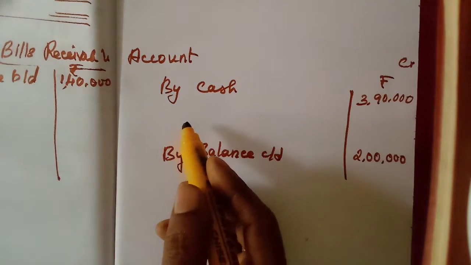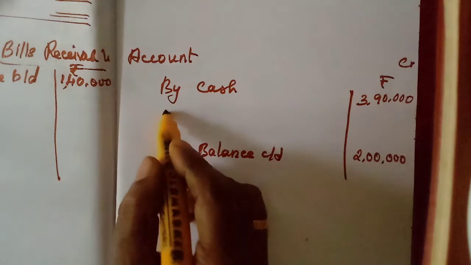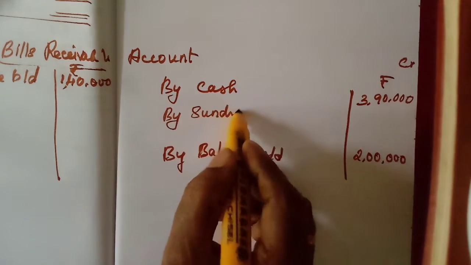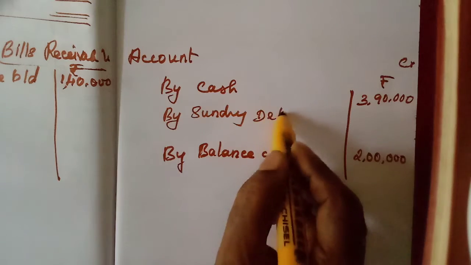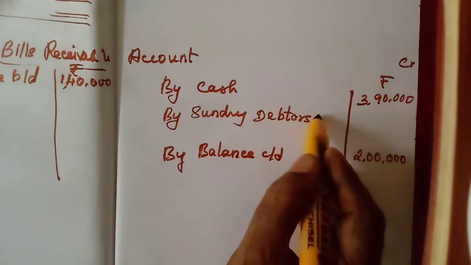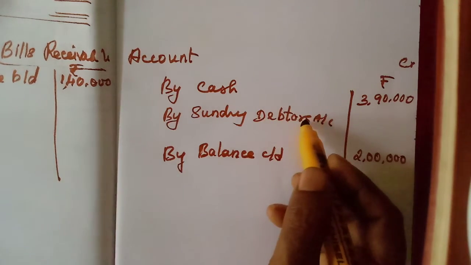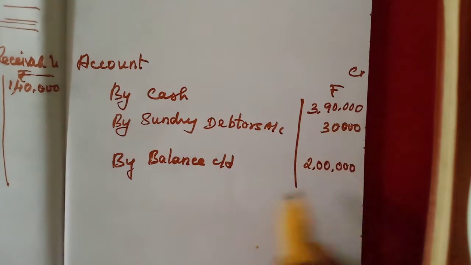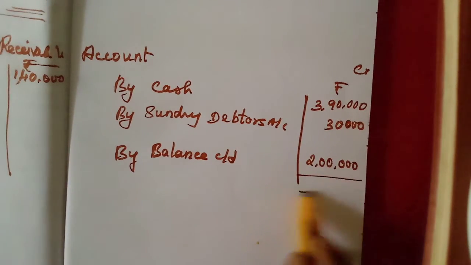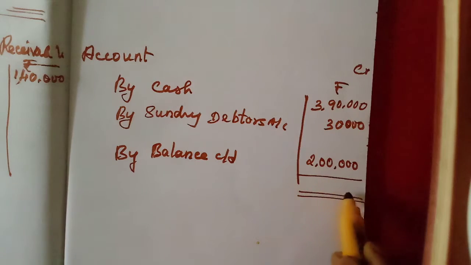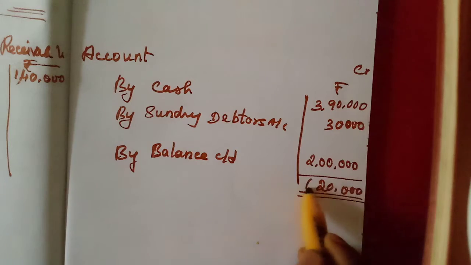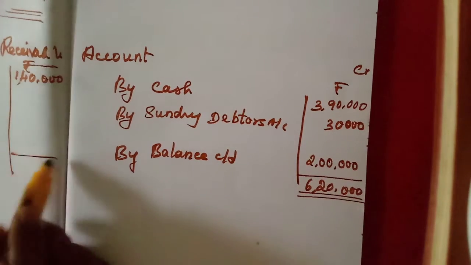Then bills receivable dishonored, we know, by sundry debtors account, $30,000. Now that's all, we have to close it. $6,20,000.